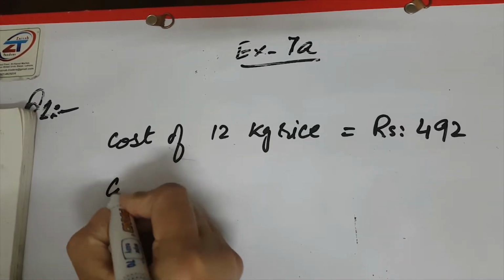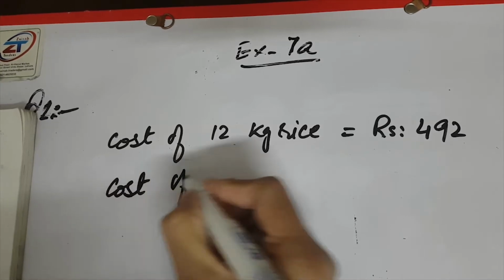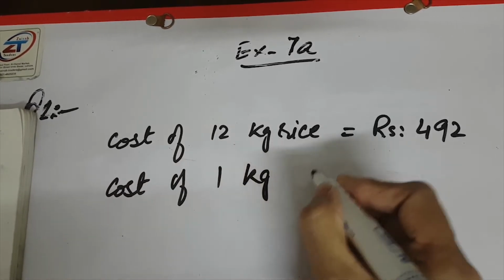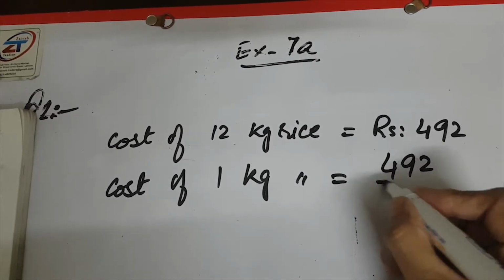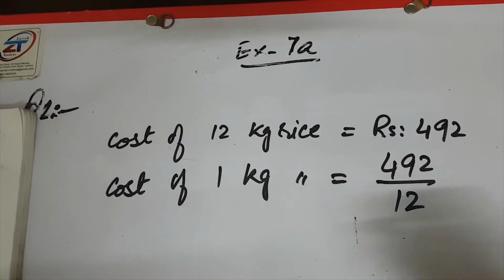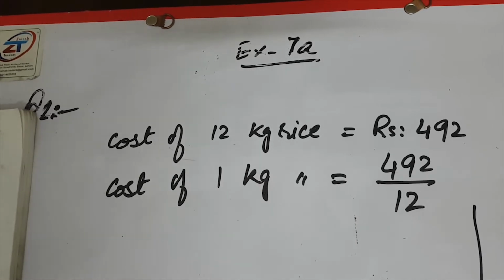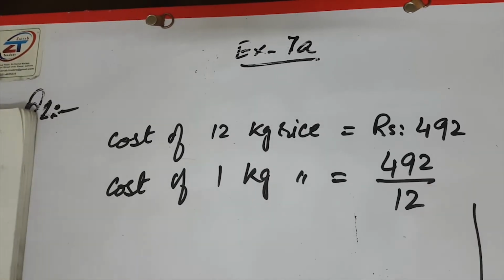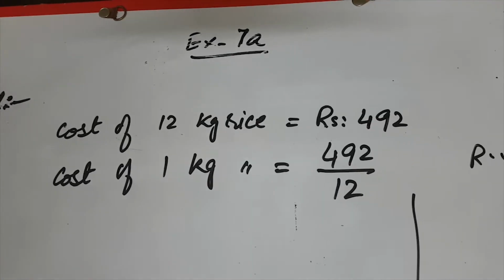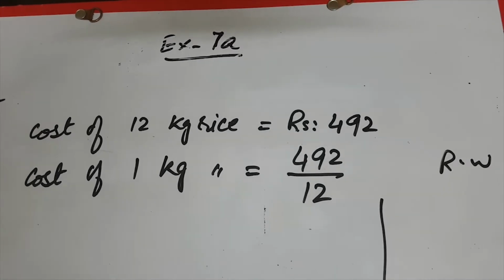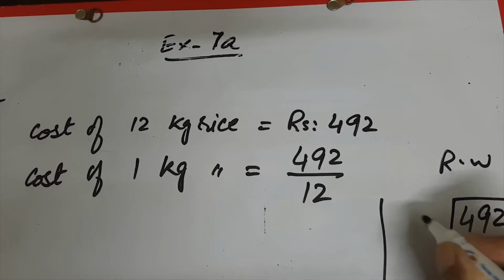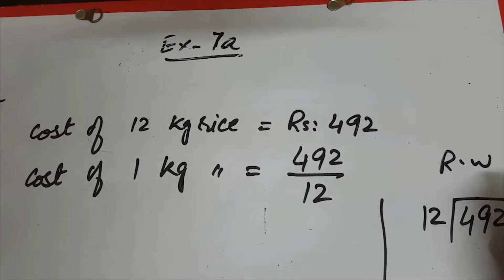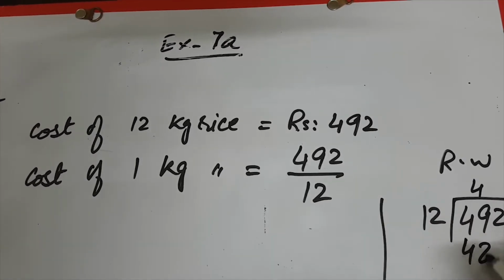Now you can determine the cost of 1 kg rice, which is 492 upon 12. You can solve the question from the very first step. You can find out the price of 1 kg by dividing 492 by 12. 4 12s are 48.